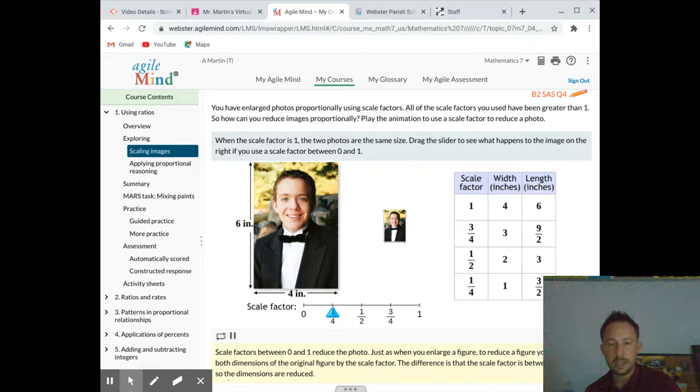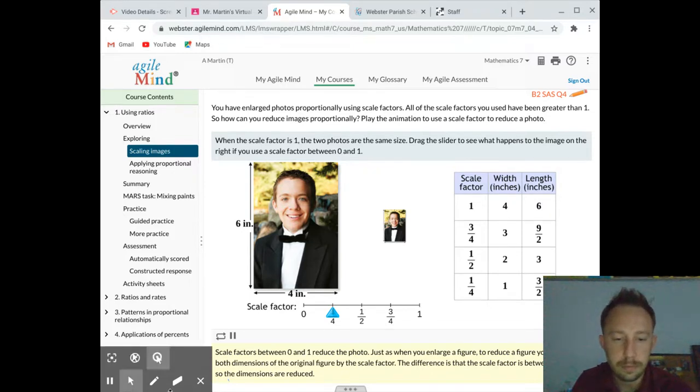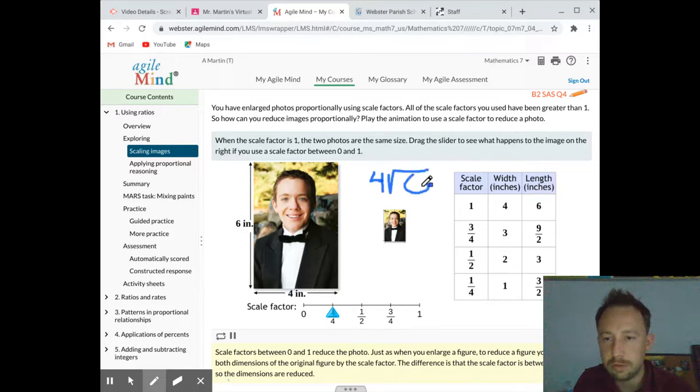So tell me this. Do the quotients of the length and width stay the same in reductions like they do in enlargements? So say, for instance, we did 6 divided by 4. We're going to see how many times 4 goes into 6. 1 time.